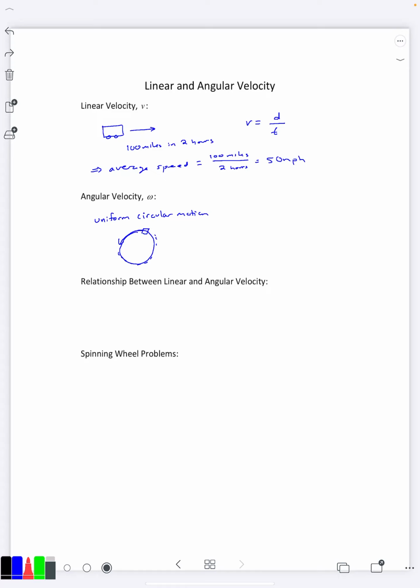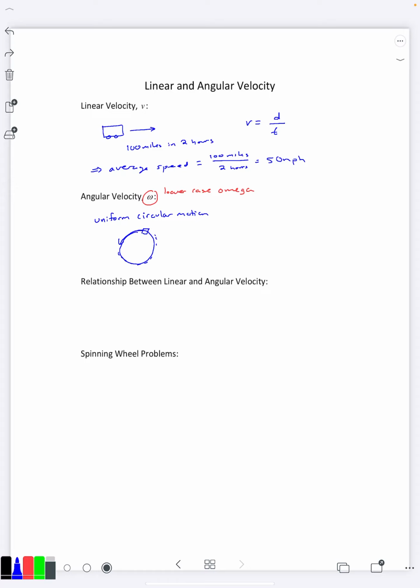Now, just in case you're not aware, this little symbol right here, this is the lowercase omega. That is a symbol we usually use for angular velocity. If you wanted to use W instead, not a big deal whatsoever, but just in case you're reading along and you see that written down somewhere, that's just a special Greek letter that we use for angular velocity.